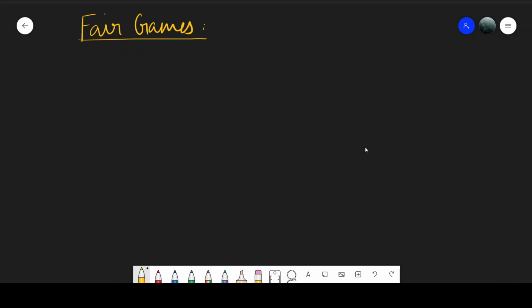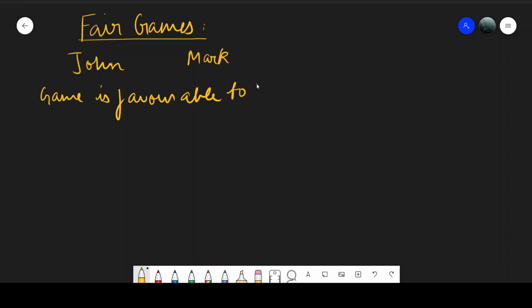And with that, I'll introduce this with an example. So consider a betting game where we have two players. Let's say that player one is John and player two is Mark. If the game is favorable to John, then his expected winnings will be at least as much as Mark's.